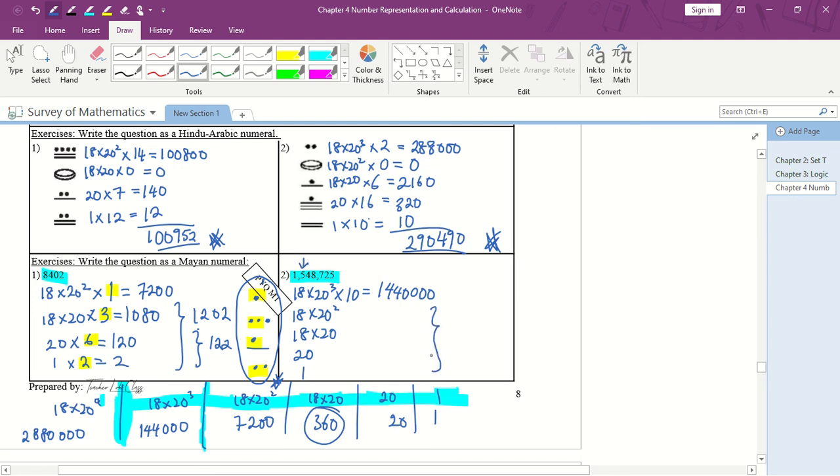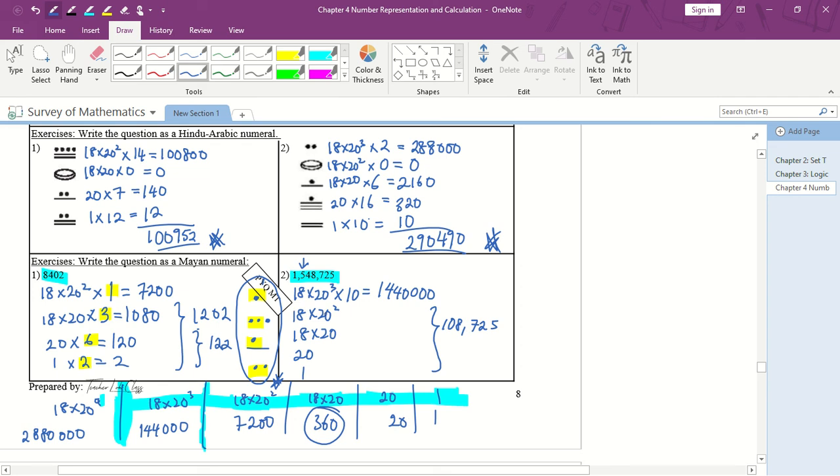Okay, use 1,548,725 minus with the answer, and you will get 108,725.